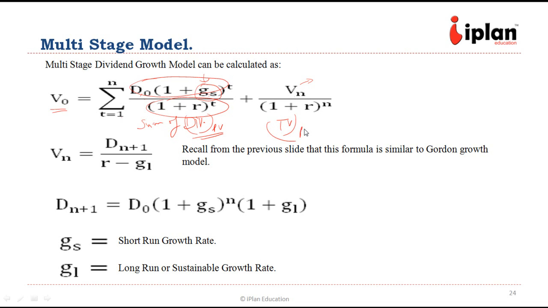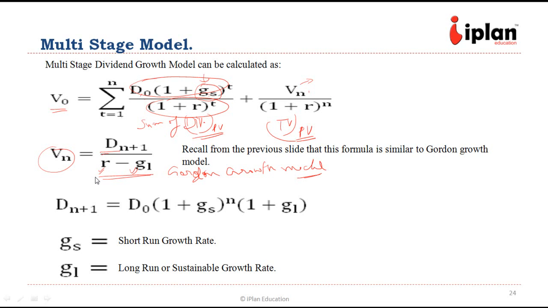What is the terminal value? Vn is Dn plus 1 divided by R minus G. This is nothing but based on the Gordon growth model, because after that point it is going to grow at a constant rate, which is G1. R is the required rate of return.